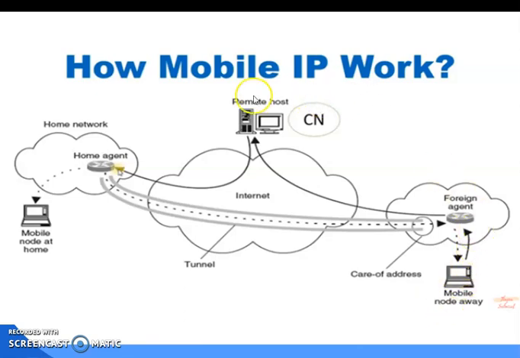When the data is sent to the home network and the node is not present under the home agent, the home router, it will search for where the node is. At that time the foreign node also sends information to the home node that the mobile phone is present under its network area. Immediately the data will be transferred from the home network to the foreign network through this particular channel, this terminal, from the home network to the foreign agent.